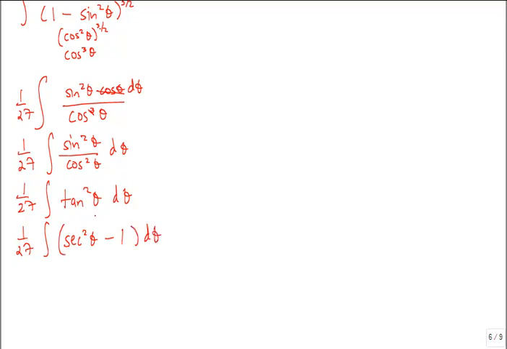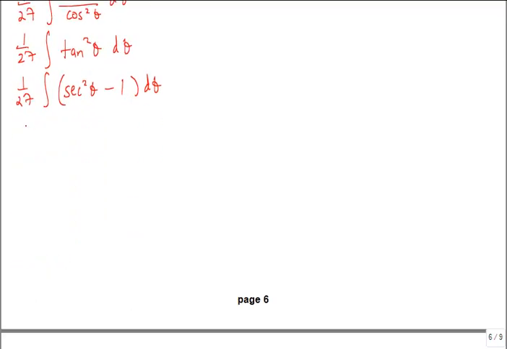So I'm changing that tangent squared into a secant squared because the antiderivative of secant squared theta exists. It's just tangent theta, since the derivative of tangent is secant squared. And the antiderivative of a 1 is just a theta. So here's my answer. I've gotten rid of all my integrals. If you want to distribute that 27 across, that you certainly can.